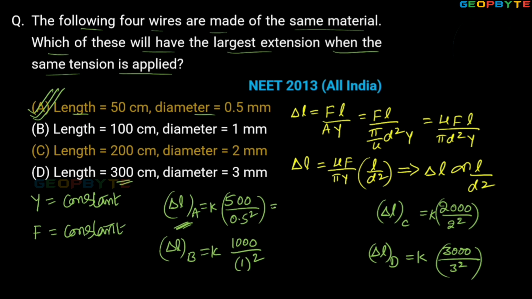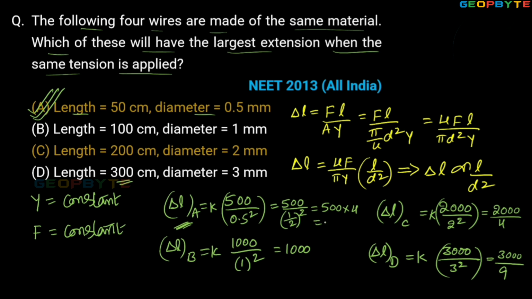Otherwise, you can write it: 500 by 0.5 square means 1 by 2 square, it is 500 into 4. Here it is 1000. Here it is 2000 divided by 4. It is 3000 divided by 9.